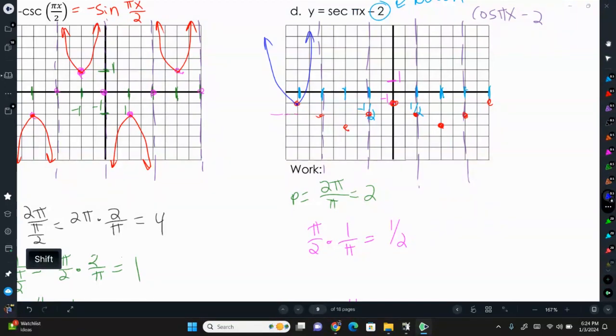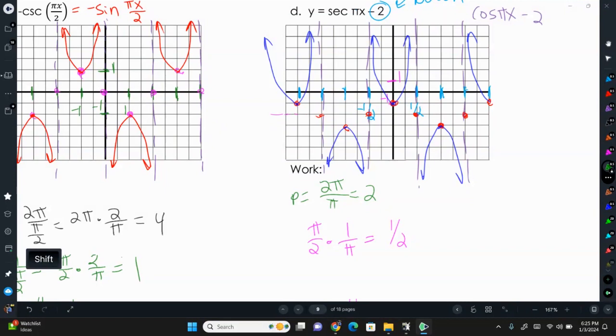We're crossing the x-axis, and that's okay. We can cross the x-axis. Normally we don't, but because we are shifted down 2, we are ending up crossing that x-axis. Okay, then this one is below the midline, so it goes down. This one's above the midline, so it goes up. Below the midline goes down. Above the midline goes up.